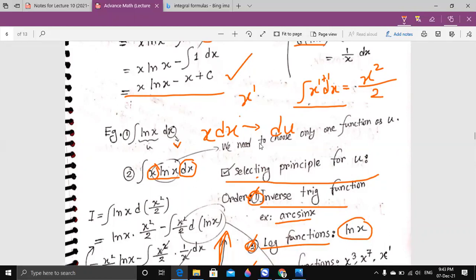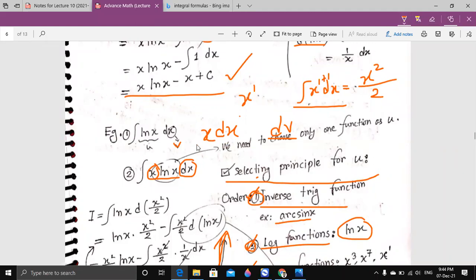So what will be the procedure? We just have to make integration. If we make integration, it will make dv. So we have to make x dx as a dv. So to make this, we need to find the integral of x dx.